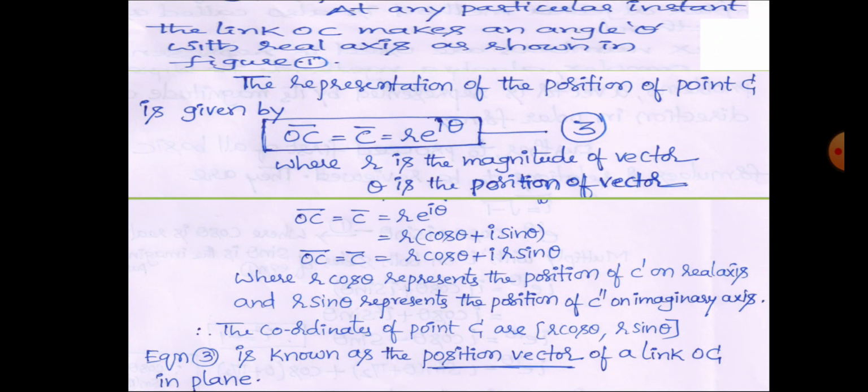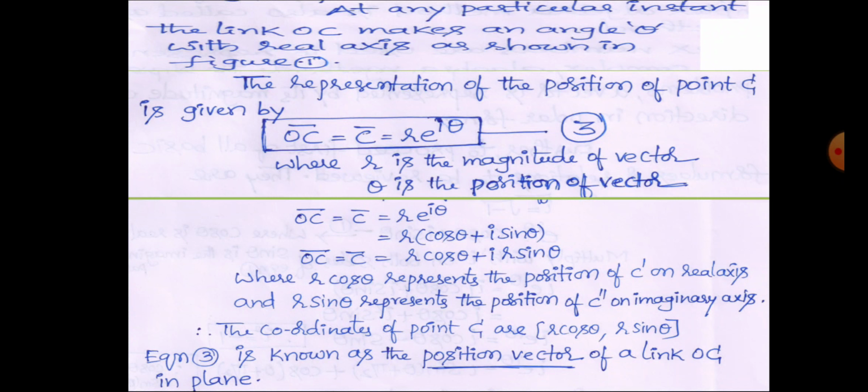So how the position or the configuration of the point C with respect to O can be specified is by the vector OC bar, or simply C bar, that is equal to r into e power i theta, where r is the magnitude of the vector and theta is the position of the vector.